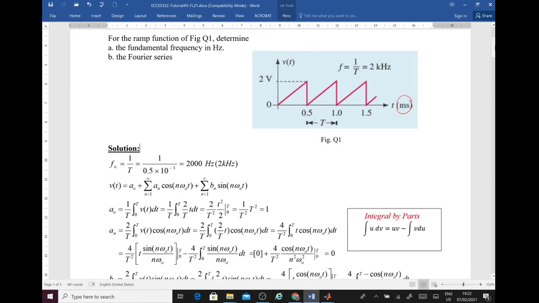So we know that the Fourier series for any signal can be given as the DC component plus summation of A_n cosine n omega t plus summation of B_n sine n omega t. The DC component will be the area under the curve, so we can take the integration.